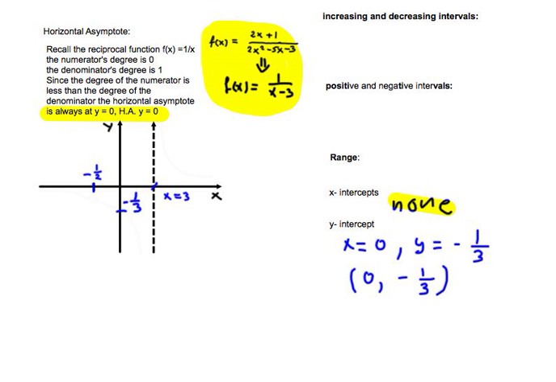How come? Because the top value is 1, so there's no value of x that will give you that result when you divide two numbers and the answer is 0. If you were to use the unsimplified form of this equation and set it equal to 0, you would find that 2x plus 1 is equal to 0 when x is equal to negative 1 over 2.